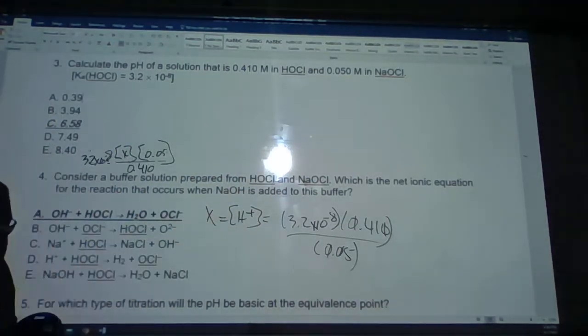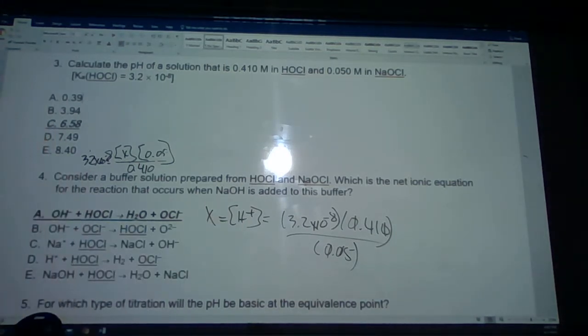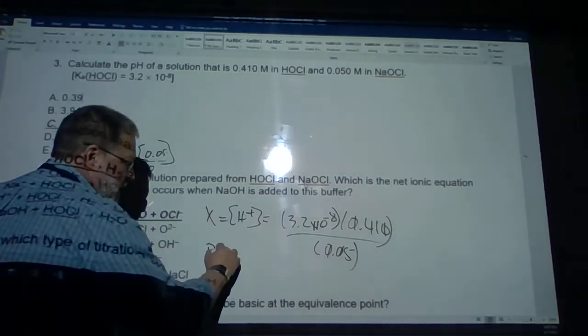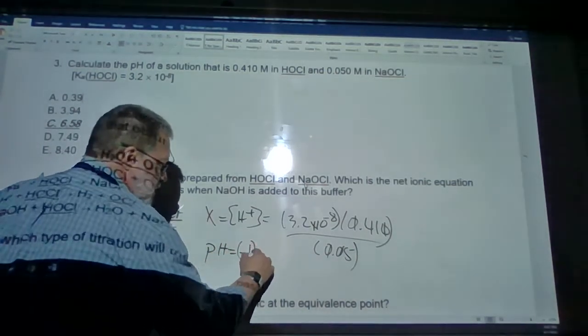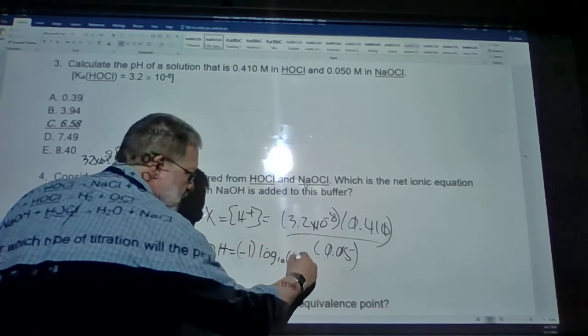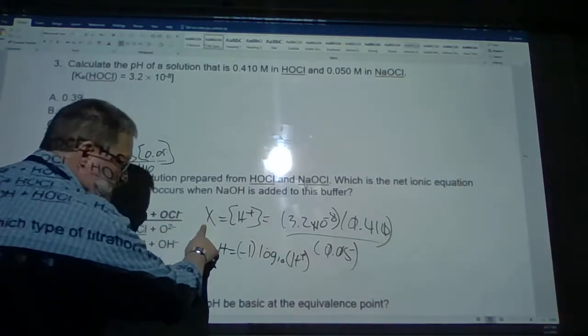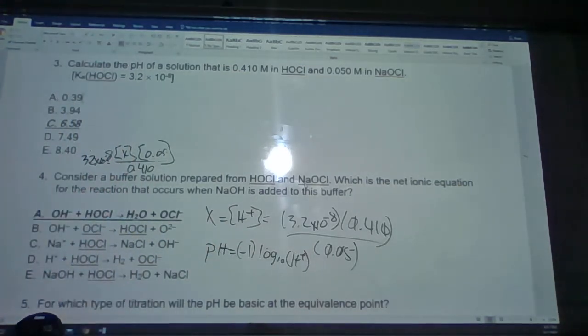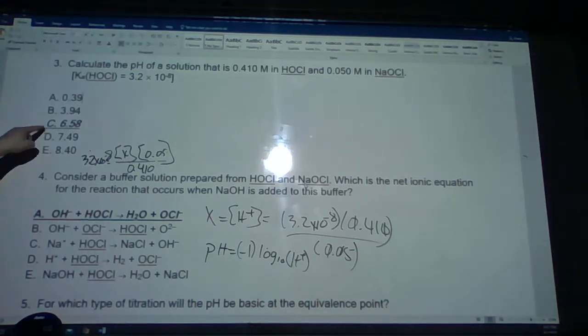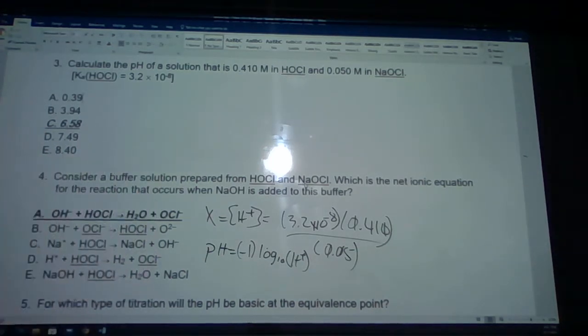We solve this for the hydrogen ion H plus concentration. It asks for the pH. pH is equal to -1 times the log base 10 of our H plus concentration. Solve this for X. Do -1 times the log base 10 of our H plus concentration. You should come up with a value of 6.58.